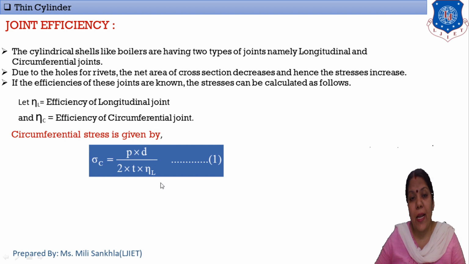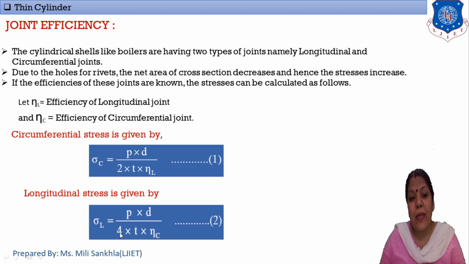Hoop stresses act along the circumference and longitudinal stresses act along the length. That means both these stresses are perpendicular to each other. So if we find the value of hoop stress, we use efficiency η L. Next, longitudinal stress is given by σL equal to PD by 4T η C. If we want to find σL, then we take efficiency η C.